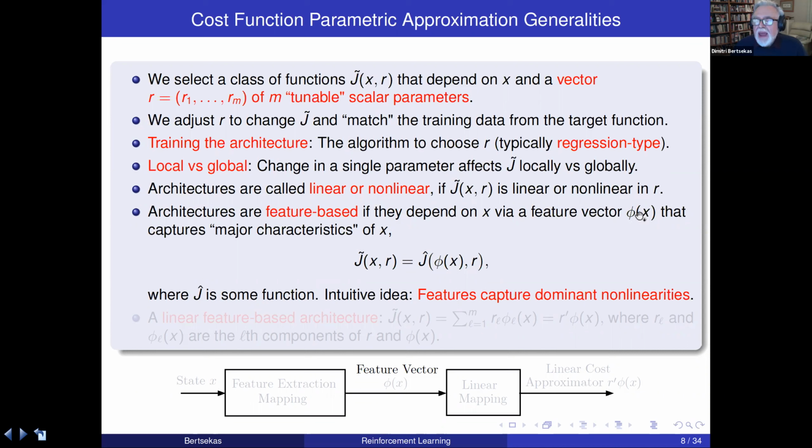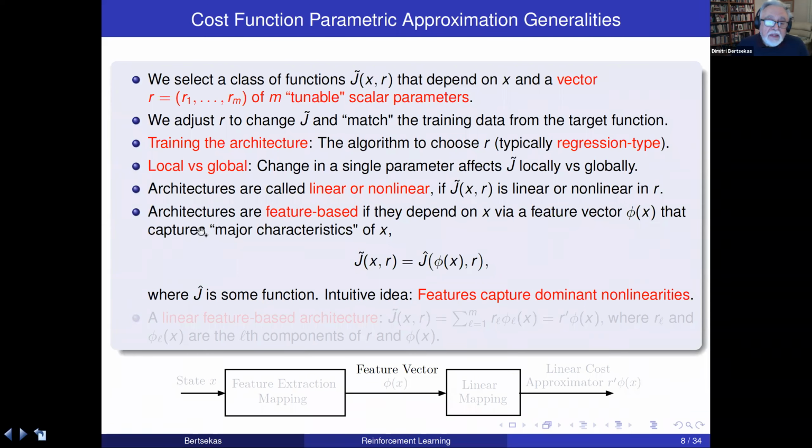This is a vector of individual components, called features, that depend on X. These features capture major characteristics of X. In other words, if I tell you X and give you its feature vector, it provides a lot of information about the character of X, and is also useful in approximation because you can use phi of X as a substitute for X in effect.